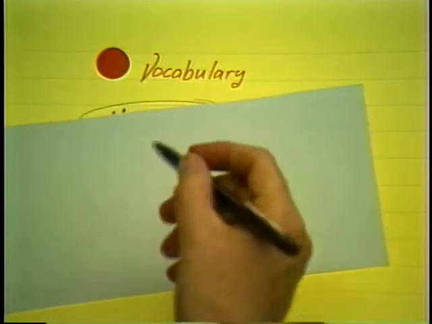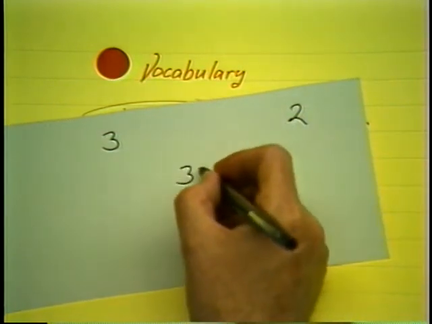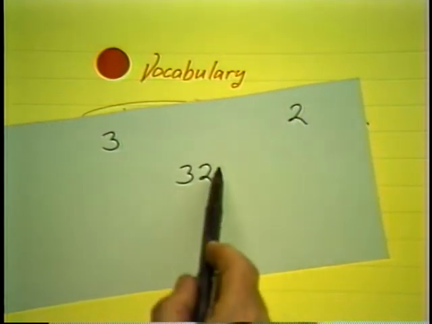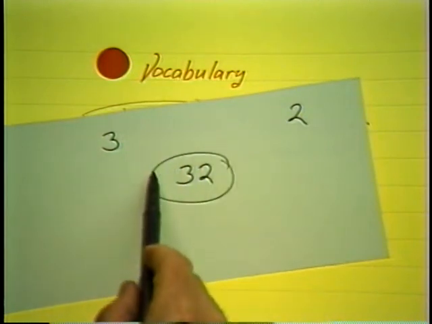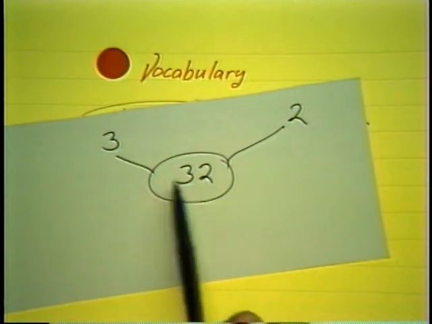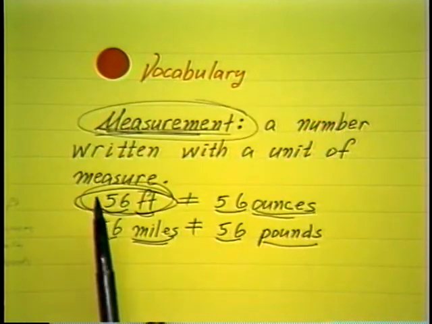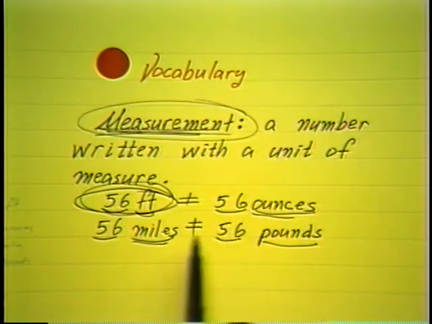Just as in elementary school you learned that this was a 3 and this was a 2, and you put them together in a certain manner and it creates a brand new number that's not equal to either one of those. So just as you're not confused into thinking this is a 3 or a 2, don't become confused in thinking this is 56.